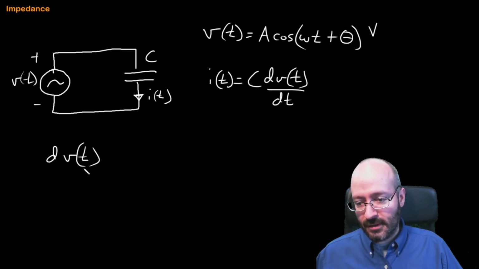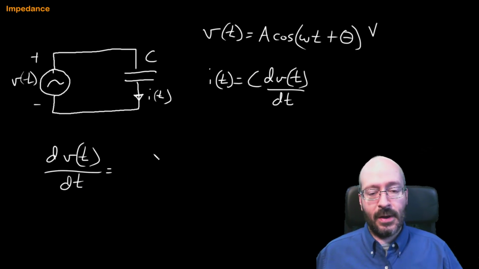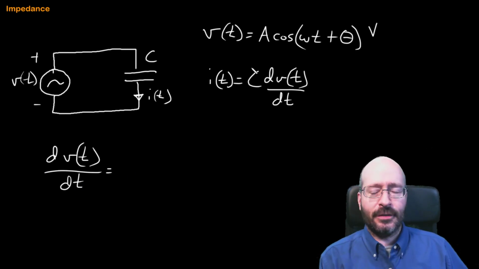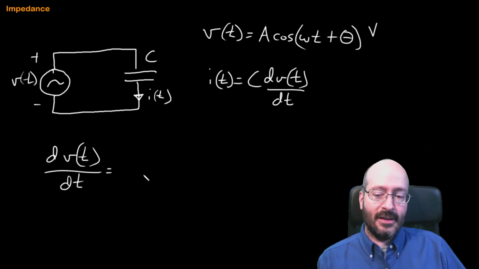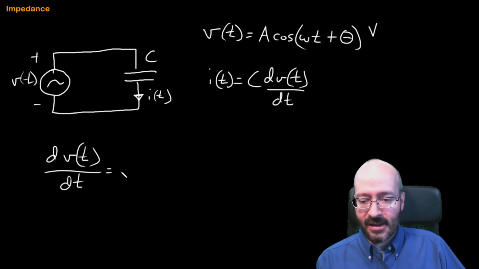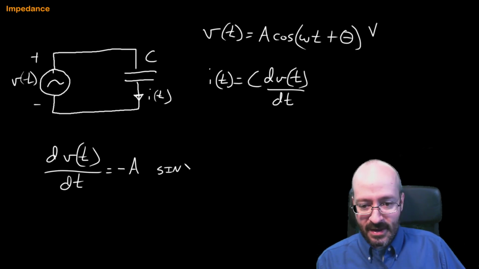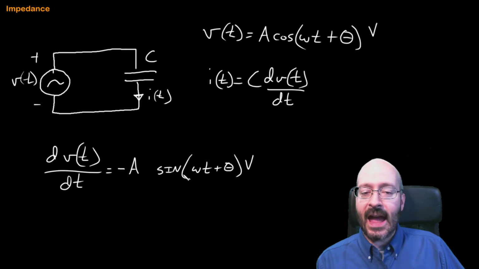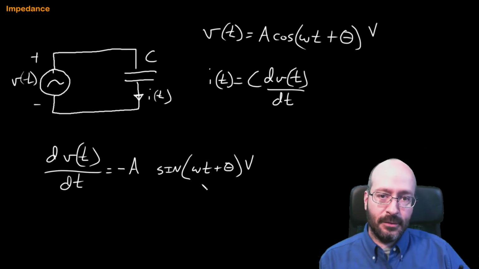We say the derivative is, well, let's see, the derivative of a cosine is a negative sine, right? A is a constant. I'm going to leave a little gap here, and we get sine omega t plus theta. I left that little gap because we have to use the chain rule, if you remember from Calc 1.